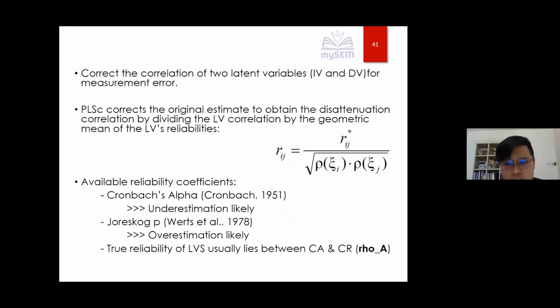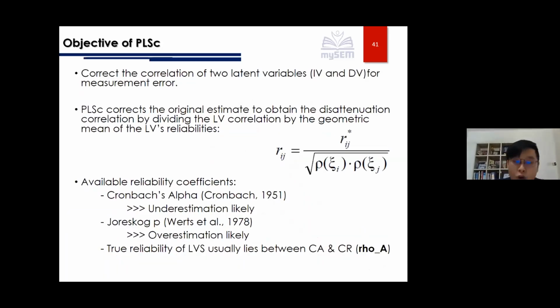So when we talk about this true reflective construct, I hope it will not confuse you. When you use PLS consistent, the main purpose is to correct the correlation of two latent variables. These two latent variables, I'm talking about IV and DV, and this IV and DV is reflective. When I talk about reflective, I'm talking about a true reflective construct.